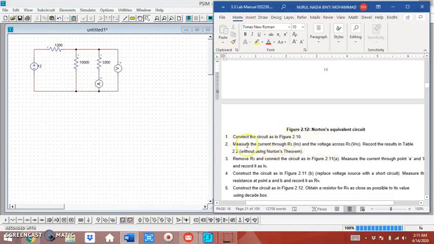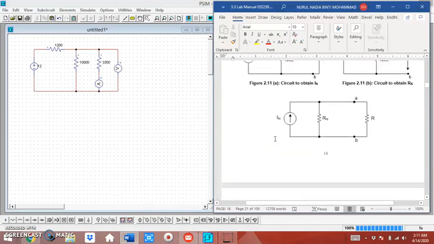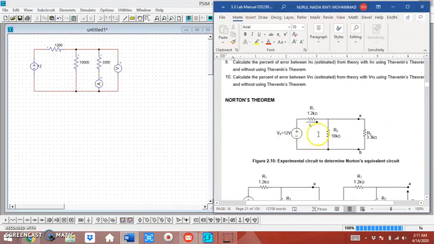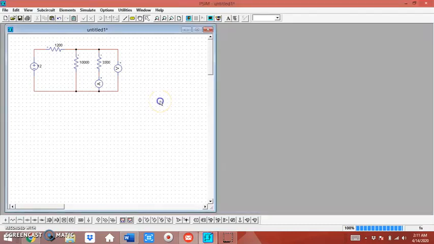So for number 1 and 2, you want to connect the circuit as figure 2.10, and then find the current and voltage at R3. Basically the resistors are the same as in Thevenin theorem before. So let's look at the simulation.